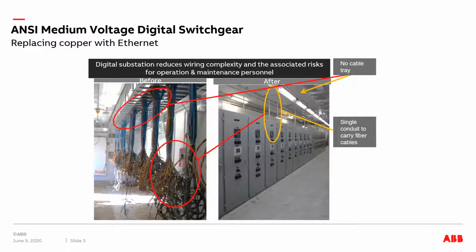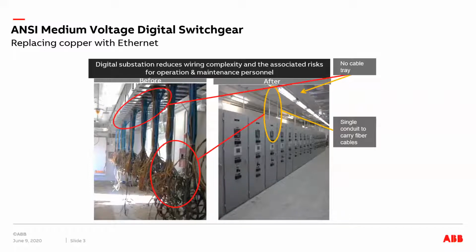Obviously there are many other benefits we will go through one by one in the upcoming slides. One of the main drivers for digitization is to replace or eliminate the usage of copper in the panel. And of course, there are other associated risks with respect to the operation and maintenance of a traditional panel. When you have more wires, you require more maintenance, and it also adds to the safety risk for the people who are operating the gear.